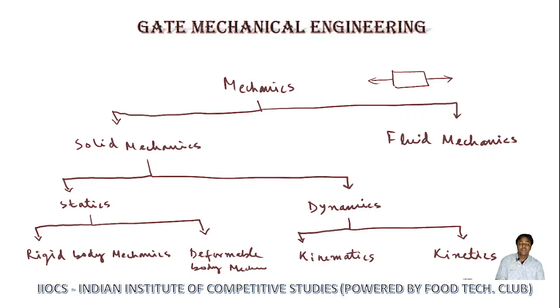That means we are considering the velocity, acceleration and the displacement, not the force which is causing the motion. Now in case of kinetics, we are considering the force which is causing the motion. That is kinetics.